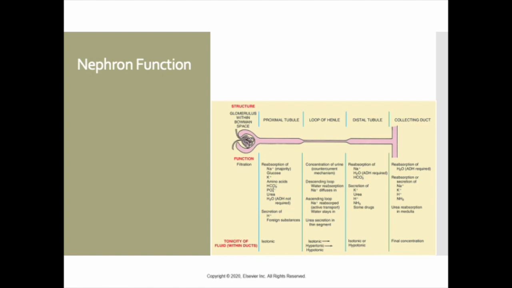Active reabsorption of sodium is the primary function of the convoluted segment of the proximal tubule. It's its main job. Now, water and most of the electrolytes and organic substances are the co-transported molecules that move with sodium.